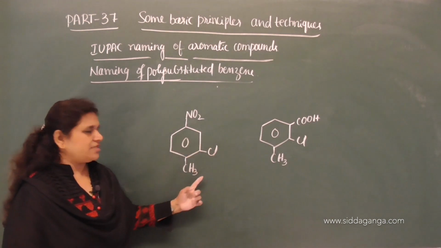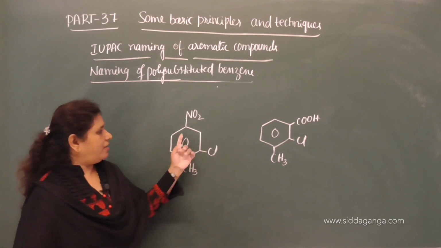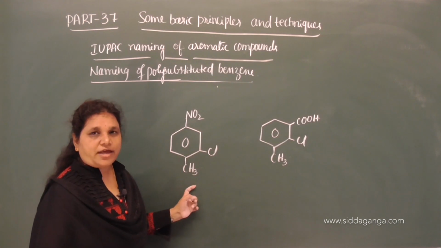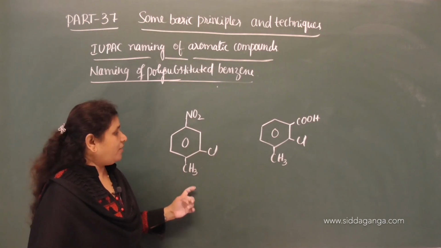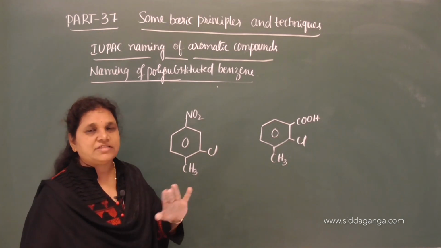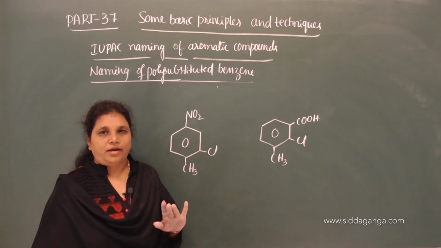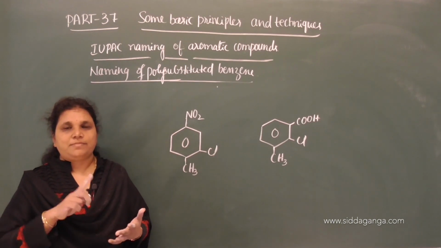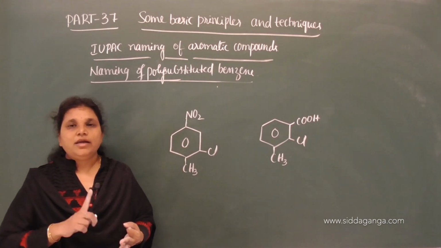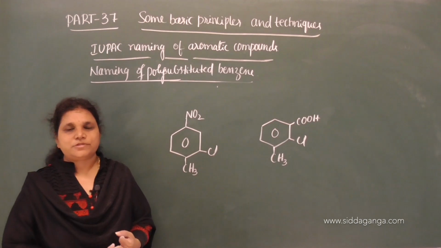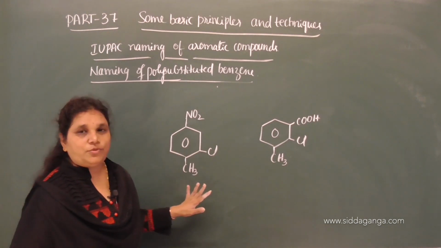So, these three are the substituent groups, and first we need to give the locants to the carbons which are carrying substituent groups. We cannot give the common name here because we are not using any prefixes like ortho, meta, para. As I said, the prefixes ortho, meta, para are applicable only for disubstituted benzene, and not for monosubstituted or polysubstituted benzene.